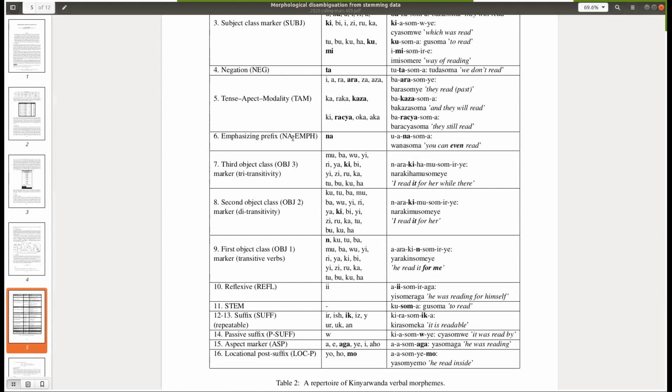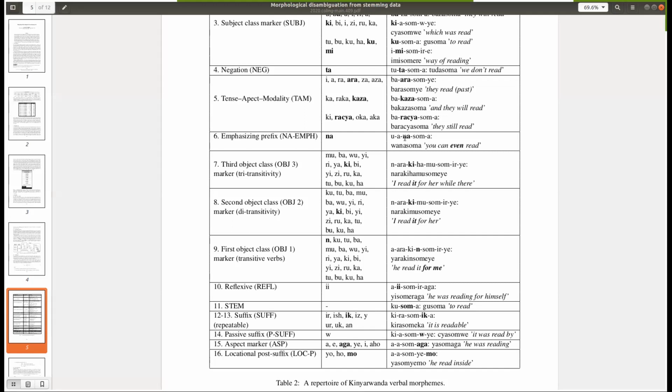Then there is another morpheme in slot number 6 that expresses emphasis. So wanasoma. The na in between is an emphasis morpheme.